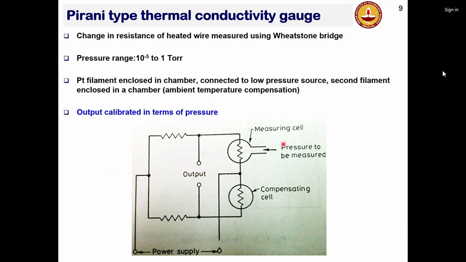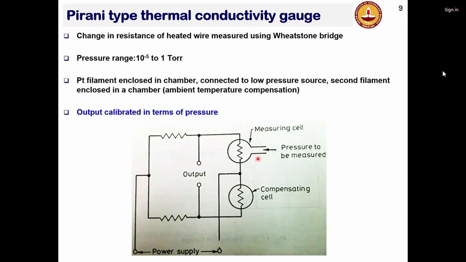And when you expose this to the vacuum pressure that you want to measure, you see that depending on the pressure of the gas, the resistance changes. And when the resistance changes, you are going to see a non-zero output voltage here, which is calibrated against the vacuum pressure.